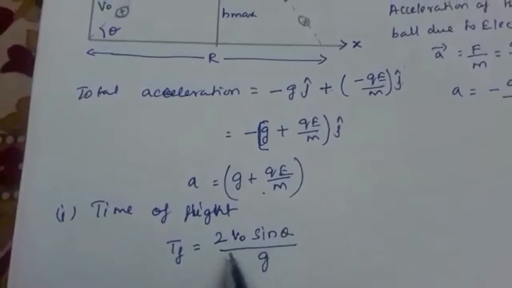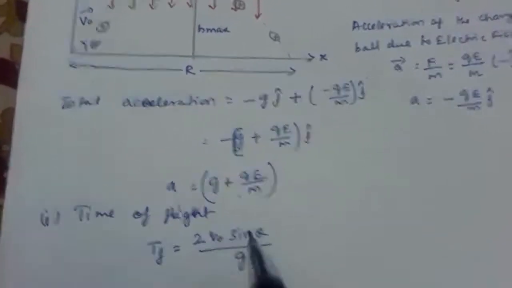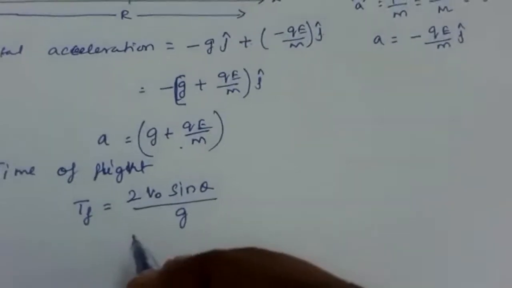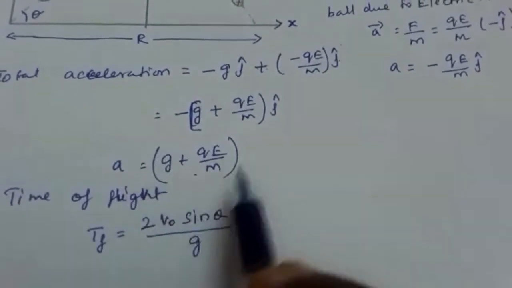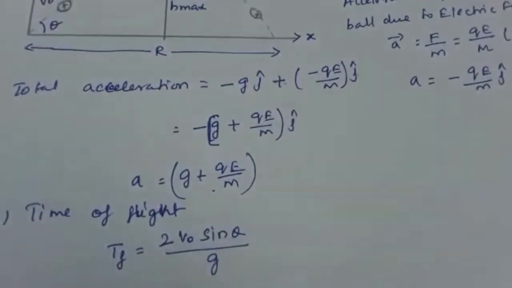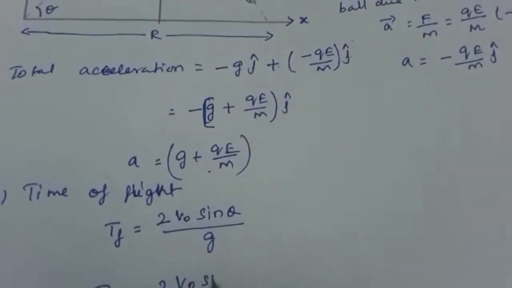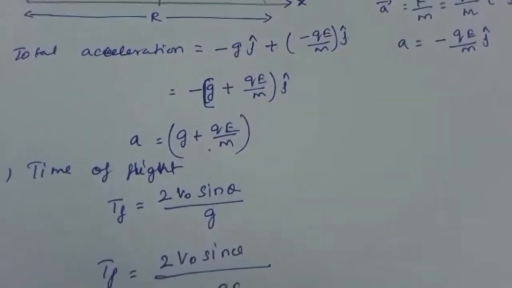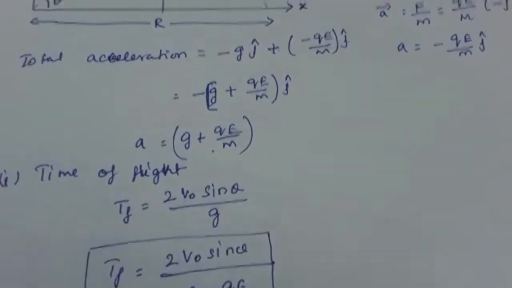This is the formula for time of flight in projectile motion, where the ball is thrown at an angle theta. Now I am going to replace this g by the total acceleration. So the time of flight is equal to 2 v0 sine theta by g plus qE by m. Now we have got the time of flight of the charged ball.